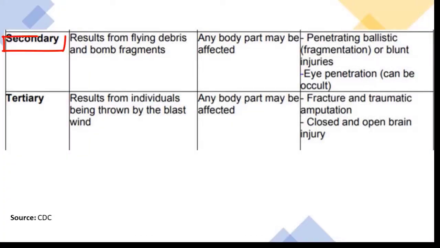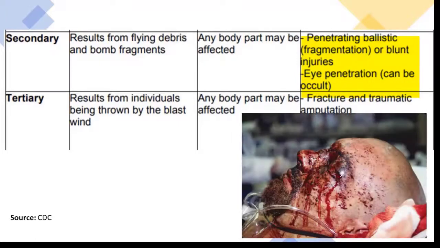So moving on to secondary blast effects, these are the result of flying debris and bomb fragments. Any body part may be affected, and penetrating ballistic fragmentation or blunt injuries can occur to the body. These can include everything from shards of glass, concrete, vehicle parts.